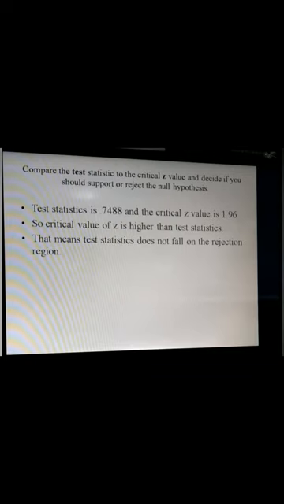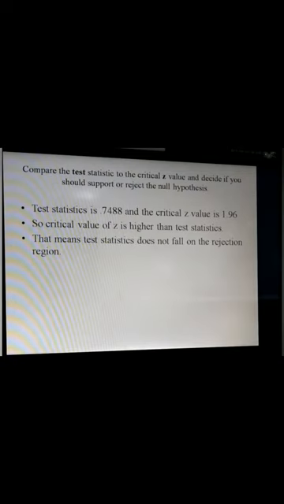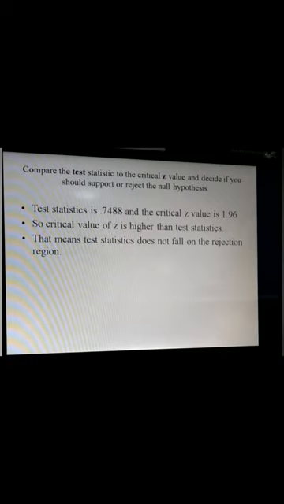So what is the meaning of not falling in the rejection region? It means we fail to reject the null hypothesis. We are accepting the null hypothesis, which states that there is no difference between the IQ of commerce students and the IQ of science students. So that's our null hypothesis.